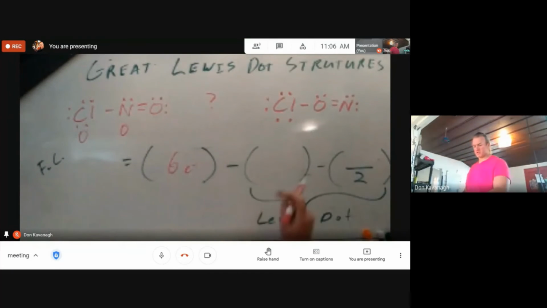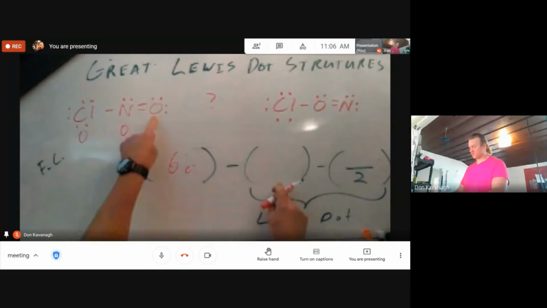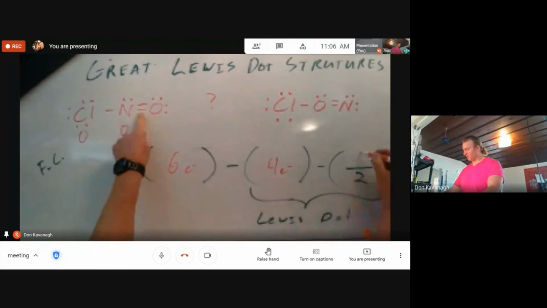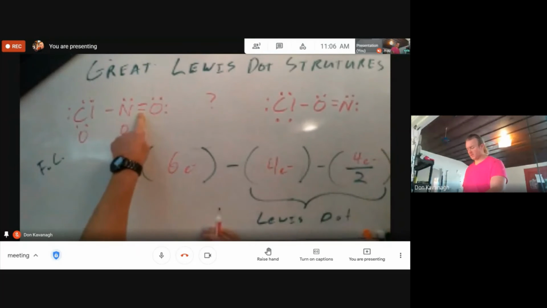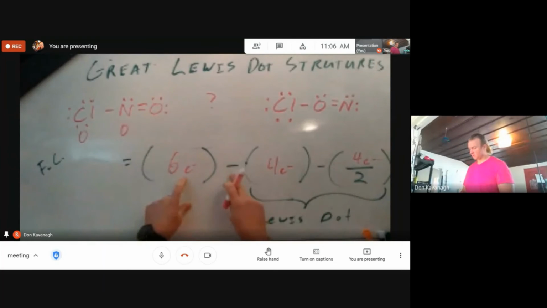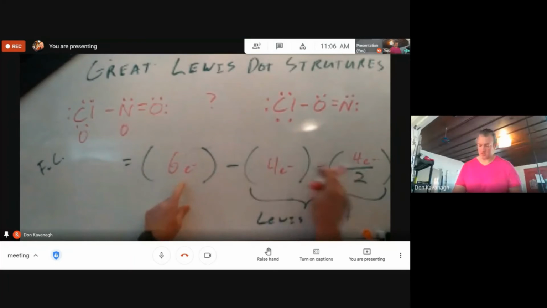From the Lewis dot structure, this oxygen has 4 electrons in lone pairs, and it has 4 electrons in covalent bonds. So 6 minus 4 minus 2, boom, is also 0.